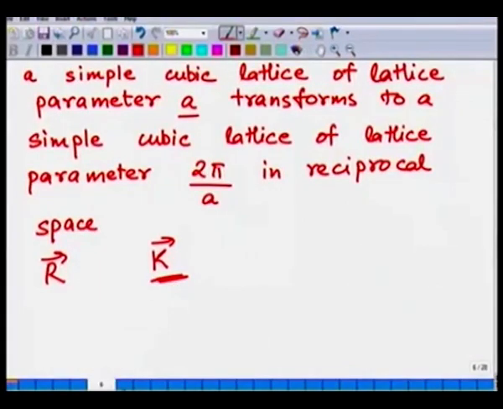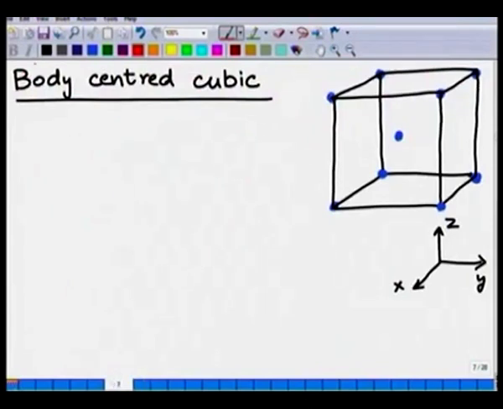Let us move on. Now, we will move on to body centered cubic. Yesterday, in the last lecture, when I was doing the direct lattice for body centered cubic, the primitive vectors were not looking very nice, so I am going to draw that again.